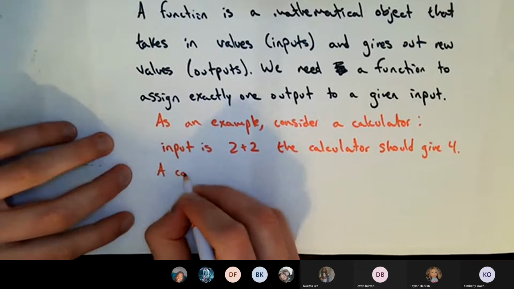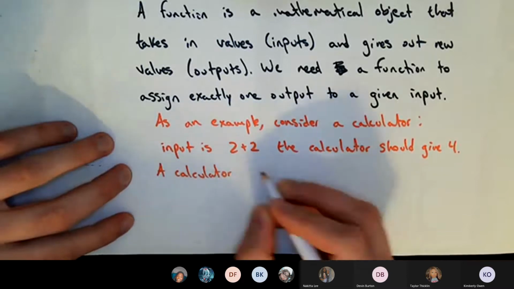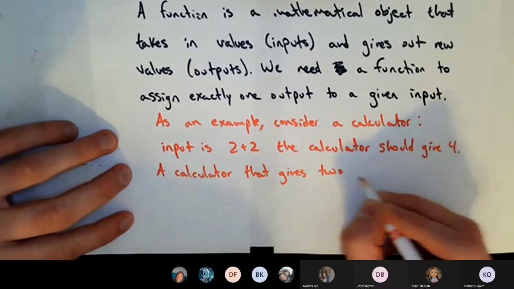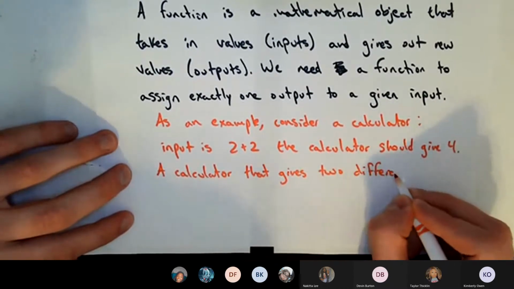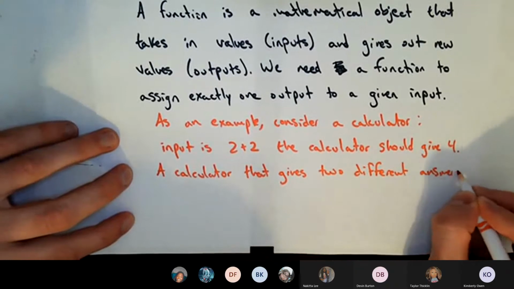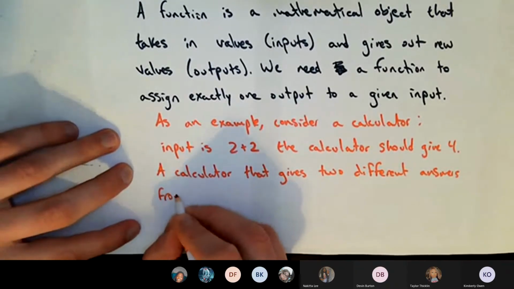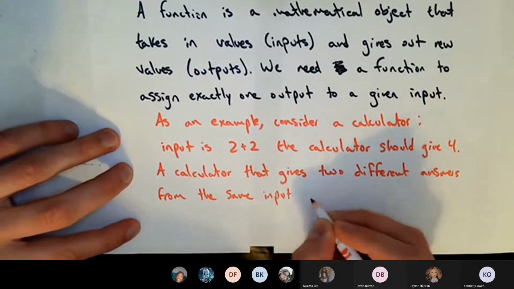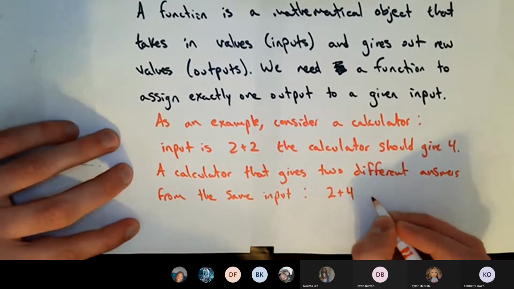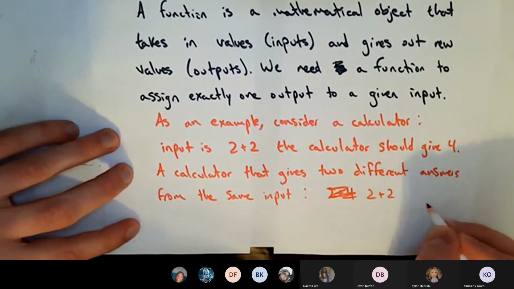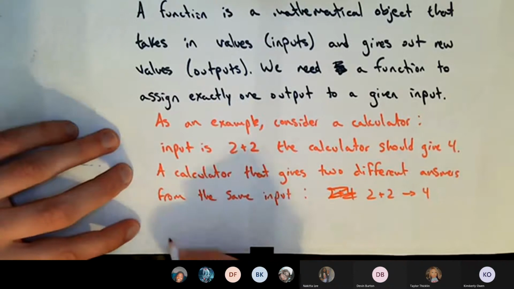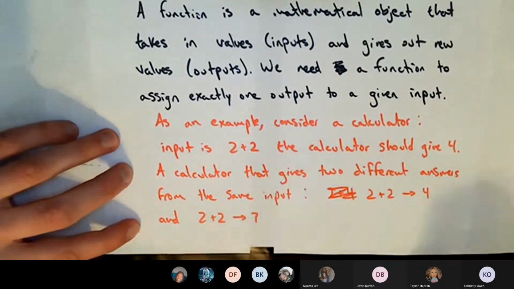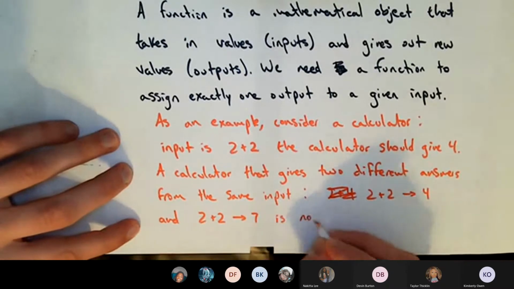So a calculator that gives two different answers from the same input, like if it gives 2 plus 2 is 4, and then it also gives 2 plus 2 is 7, then it is not a good function.